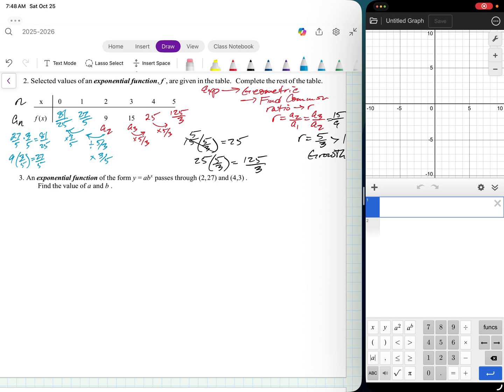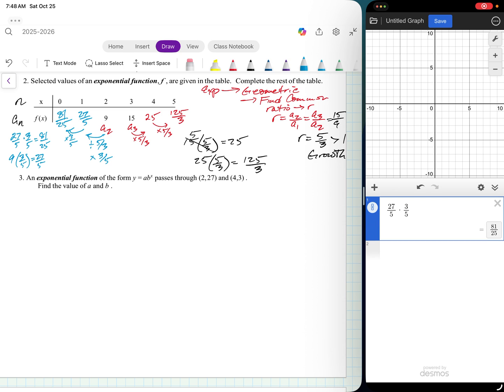Watch this. 27 divided by 5, times 3 divided by 5. You get a decimal there, but make it a fraction: 81/25. You can change it from decimal to fraction, but you're in pre-calc, you should know how to do this in your head. All right, there we go.